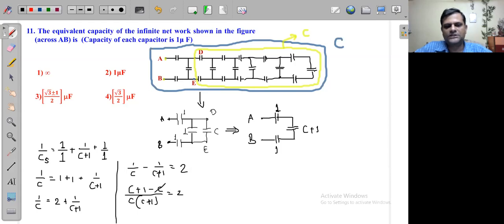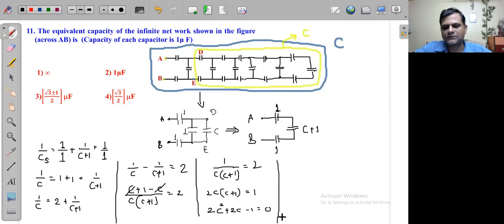So that this C gets cancelled, and we'll be left with simply 1 upon C into C plus 1 is going to be 2, which means 2C into C plus 1 is equal to 1, means if we just open the bracket, then we can get this 2c square plus 2c minus 1 is equal to 0, which is a quadratic equation which can be solved by using the formula only.